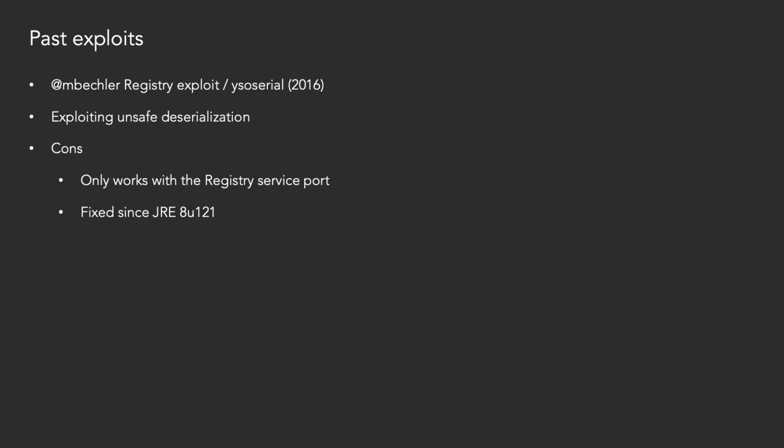Given this is a network protocol and this is Java, this is exactly what serialization for Java is built for. There has been several research on this aspect in the past, most notably from Moritz Bechler. He published a registry exploit in 2016 exploiting unsafe deserialization on the registry and also the DGC service.